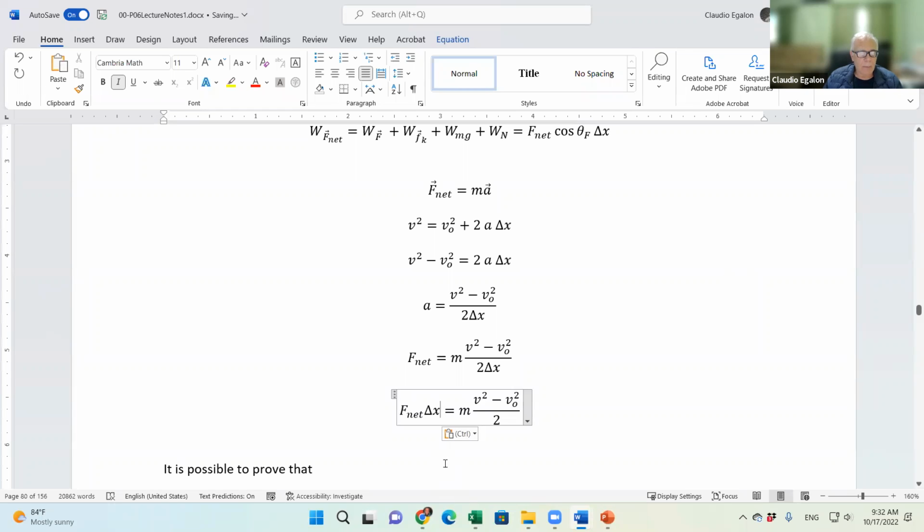And look what we get. We get something here that's related to the velocity. Here you go: half of m v squared, final velocity squared, minus half of m initial velocity squared, like that.